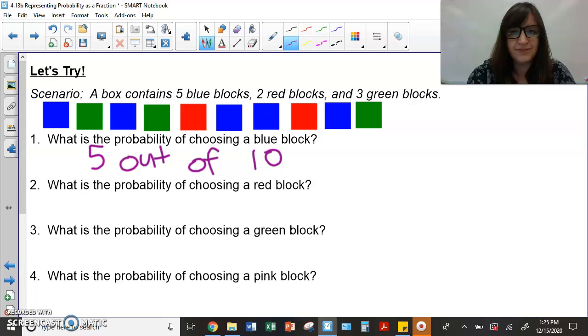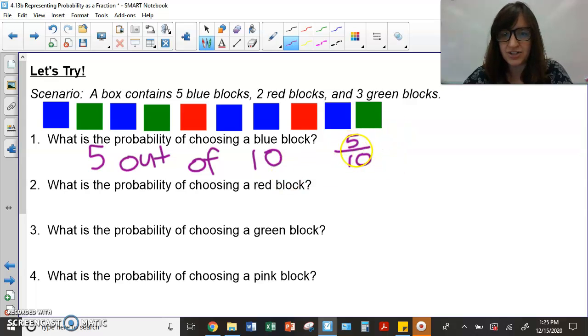And 5 out of 10 can also be written like this, because that fraction line is another way to write out of something. So 5 out of 10. If you know about fractions, you know that 5 out of 10 or 5/10 is equivalent to 1/2, okay?